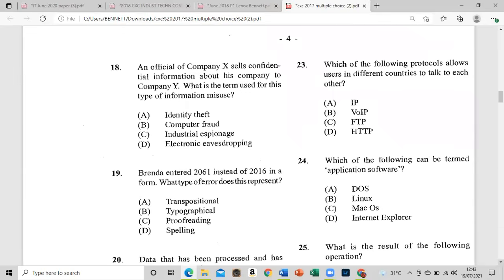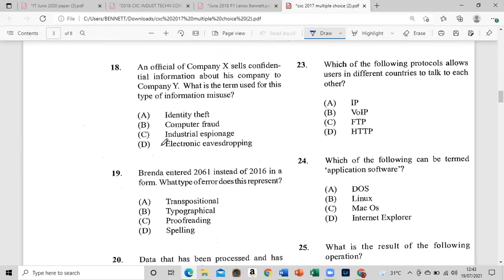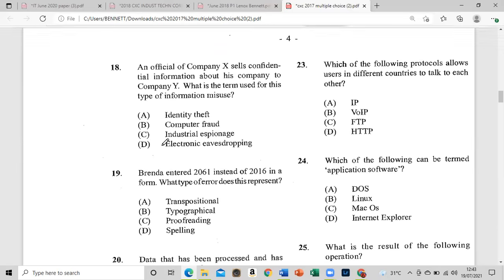An official of company X sells confidential information about his company to company Y. What is the term used for this type of information misuse? Is it A, identity theft? Identity theft is when somebody steals your identity and pretends to be you. Or computer fraud? It's not computer fraud. Is it industrial espionage or electronic eavesdropping? Eavesdropping is when they're listening to your conversation, right?